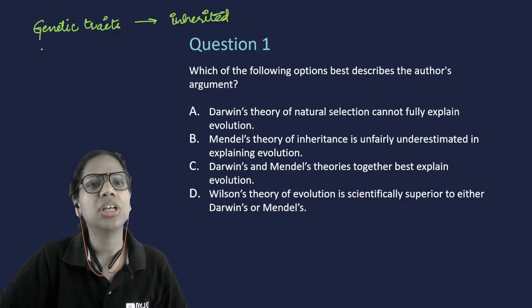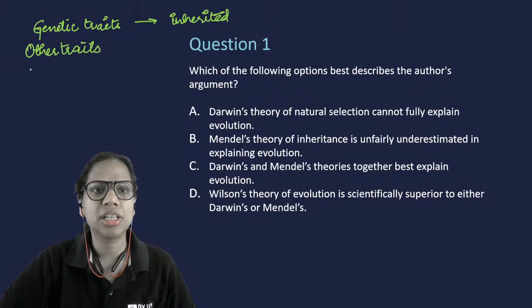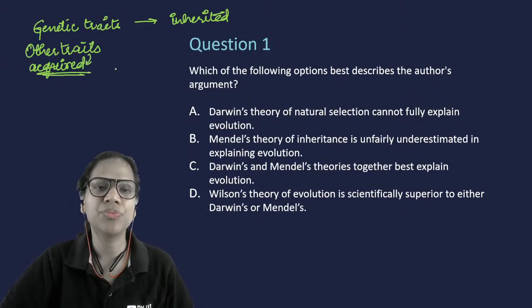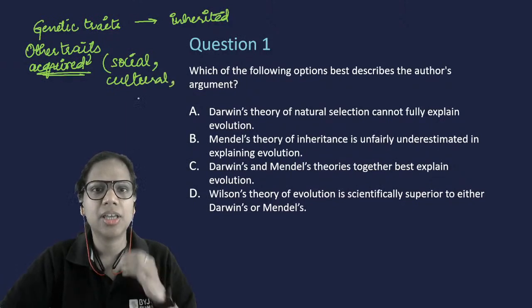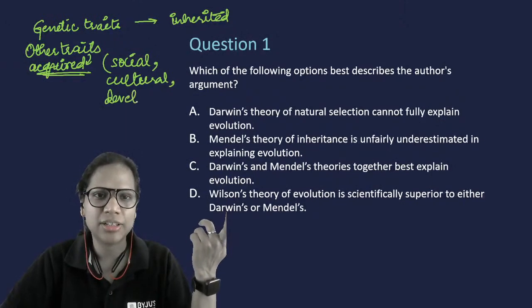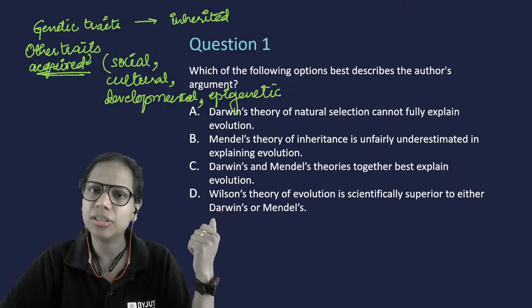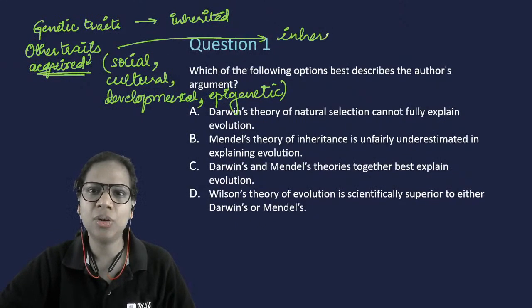Or other traits, such as acquired ones, that we call acquired traits, acquired from our society, from our culture, based on developmental factors termed as epigenetic factors, they can also be inherited.